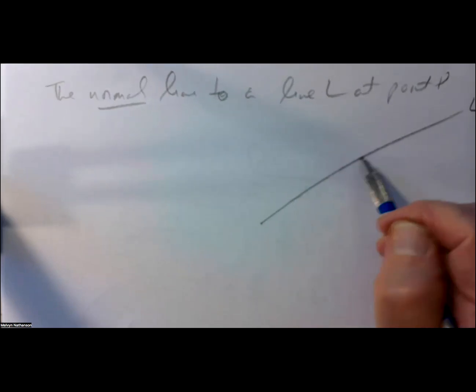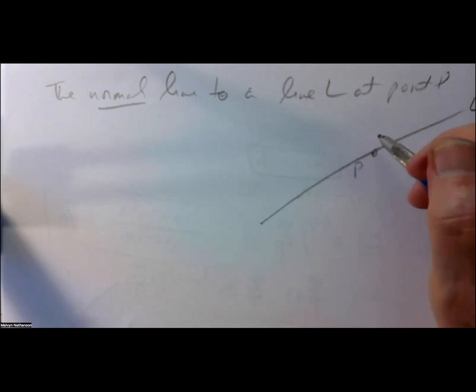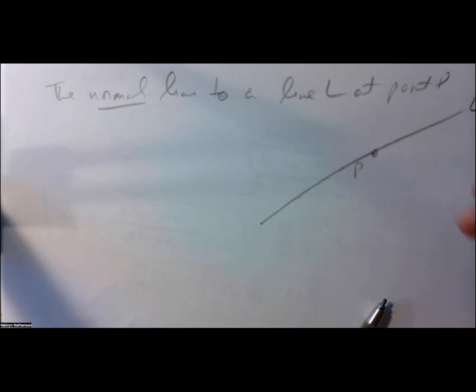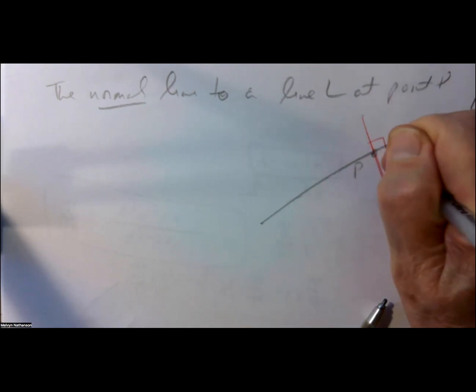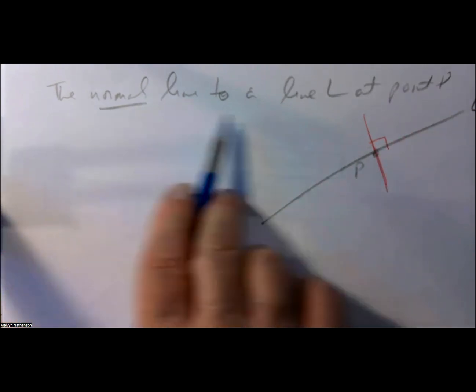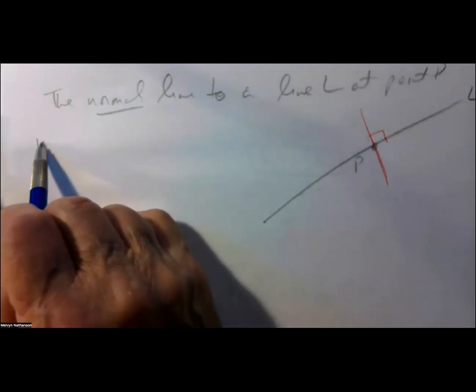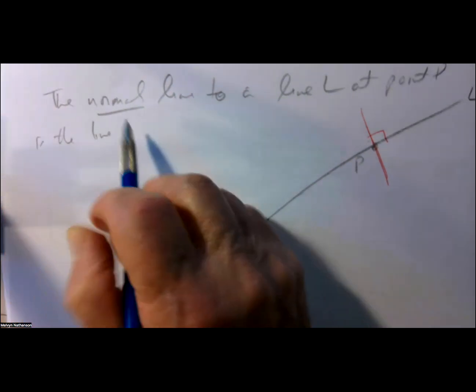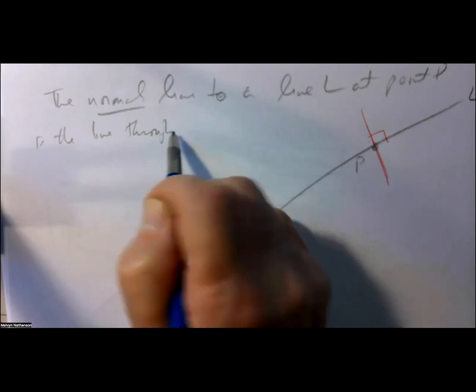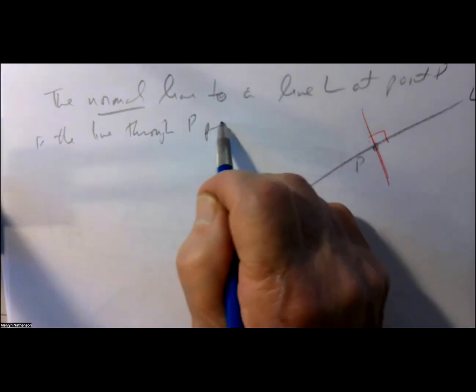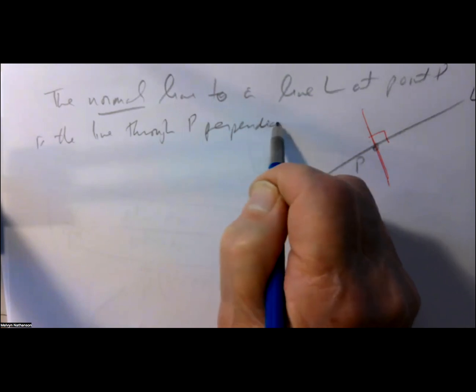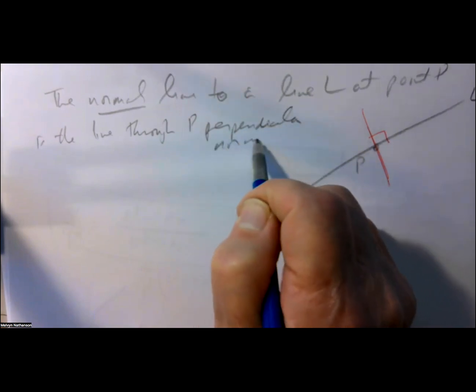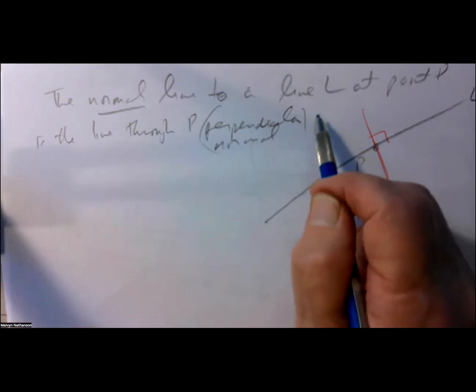So here's the line L. Here's a point P. The normal line is the line through P perpendicular to L. So the normal line to a line L at a point P is the line through P perpendicular, which is also normal, they're synonymous. The line through P perpendicular to L.